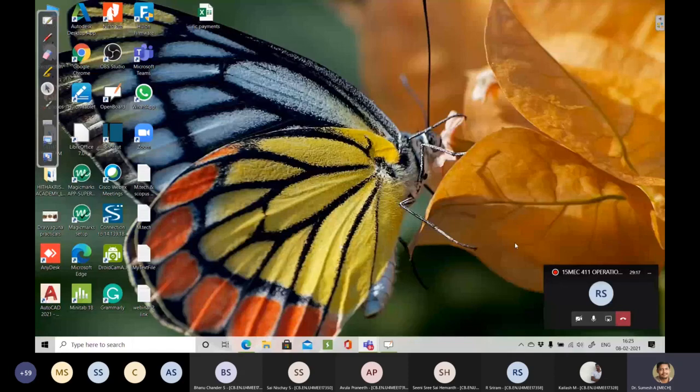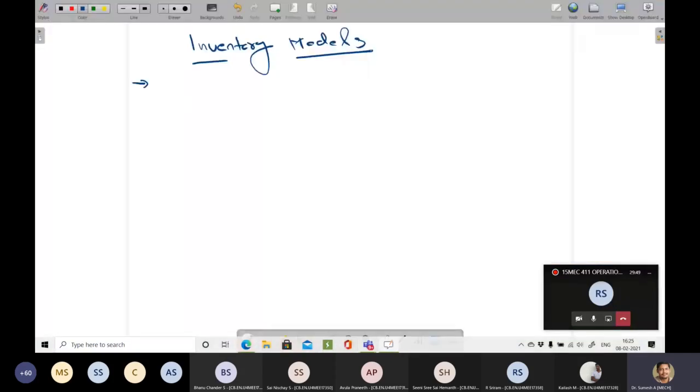You might have seen some of the tools used for lean manufacturing in that elective. Here, as somebody pointed out, some terminology called order quantity. To elaborate a little more, that is called EOQ, economic order quantity.